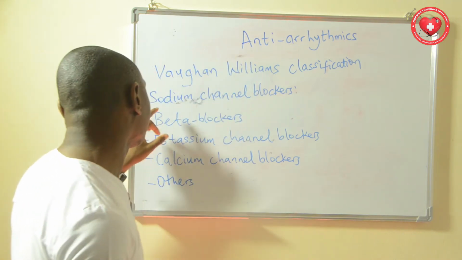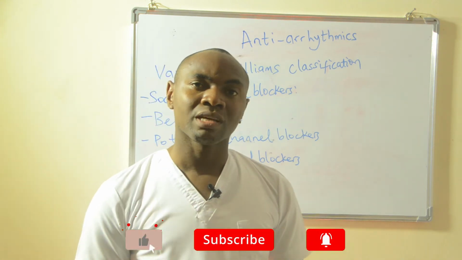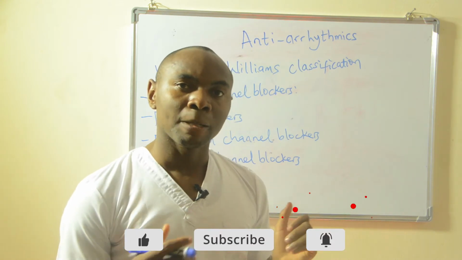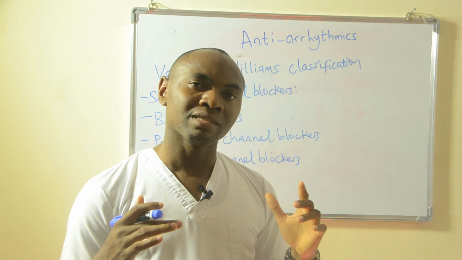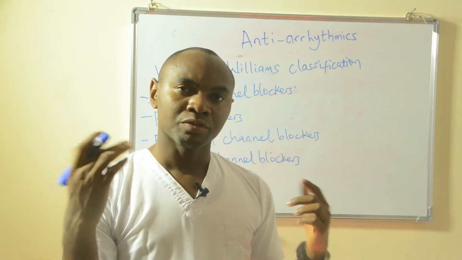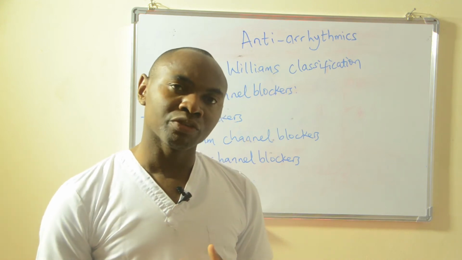The first one deals with sodium channel blockers. These are drugs that reduce the influx of sodium ions into the heart, thus stabilizing the heart rate and the beat, the rhythm of the heart. Examples of these drugs include the following.